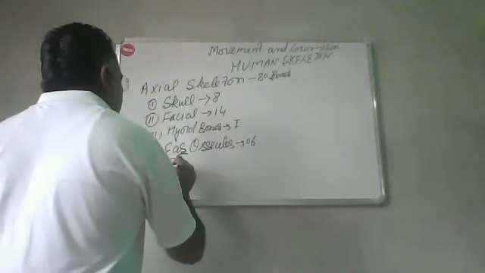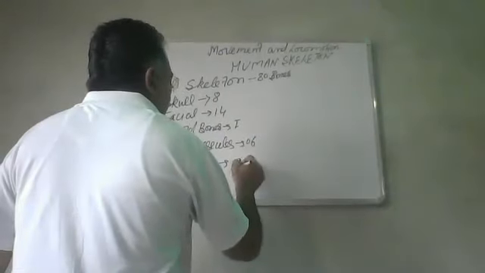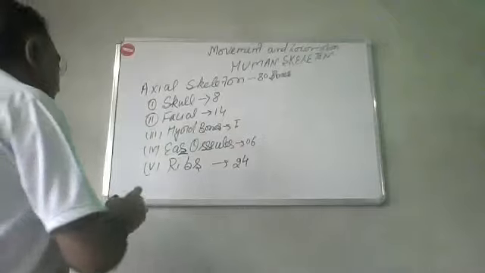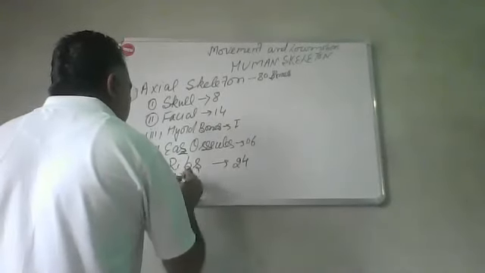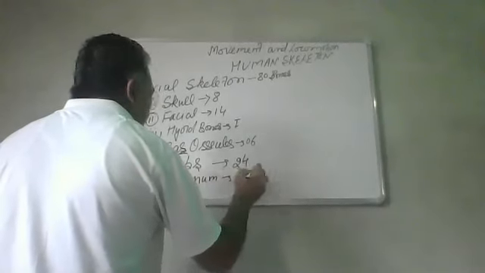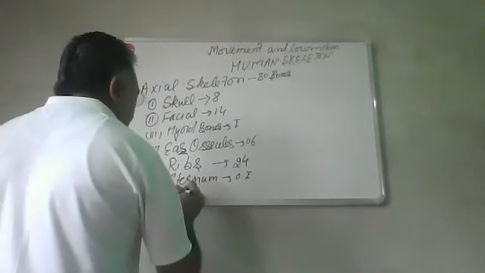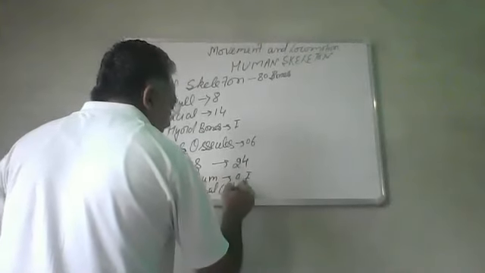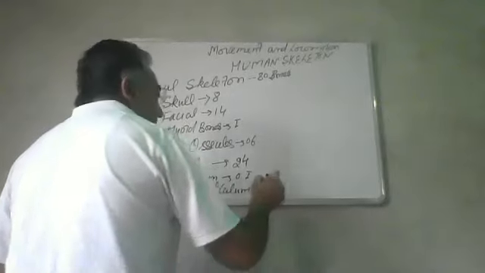And then ribs, that is 24 bones, 12 pairs of ribs. Next, ribs are joined by the sternum, that is 1. And after that, you have to study the vertebral column, that contains 26 bones.